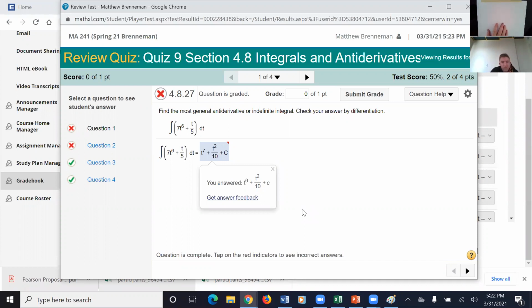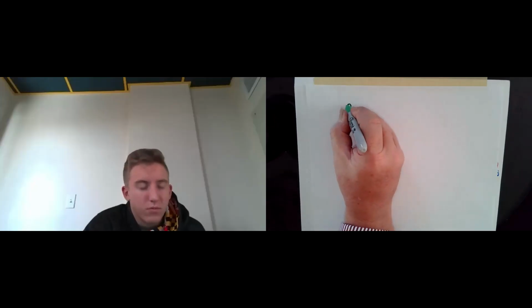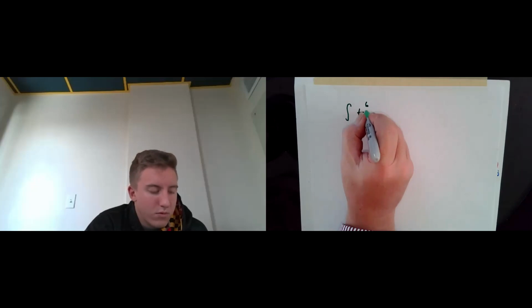So you had 7t to the 6th. Now, when you integrate t to the 6th, that's a power function, right? So what is the rule for integrating that? Here, let's go back. This is the function that you're integrating, t to the 6th, right?